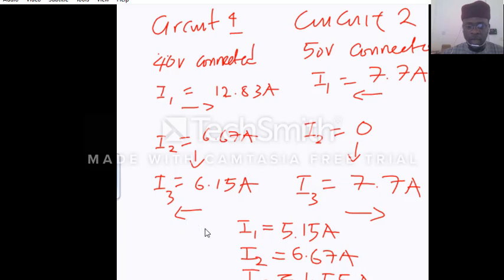So you may be asked to calculate the voltage drop through a resistor. All you have to do is look at the current flowing through it. Since you know the direction, all you have to do now is use the current to calculate the voltage drop. So thank you. This is the solution for your question 2.